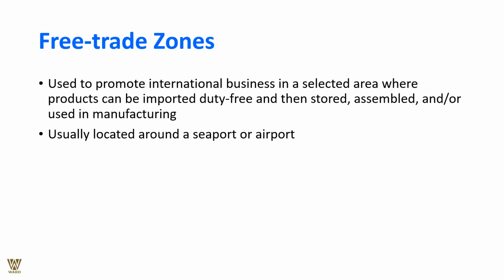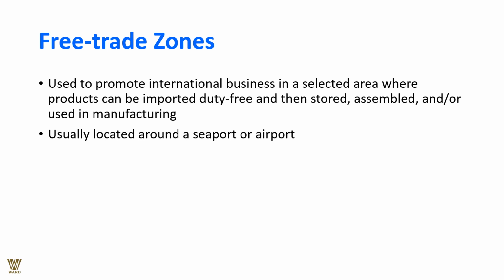So let us understand free trade zones. They are used to promote international business in a selected area where products can be imported duty free, then stored, assembled, and or used in manufacturing, usually located around a seaport or airport. This is where the location is all about.